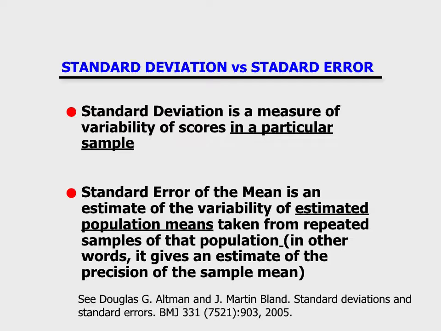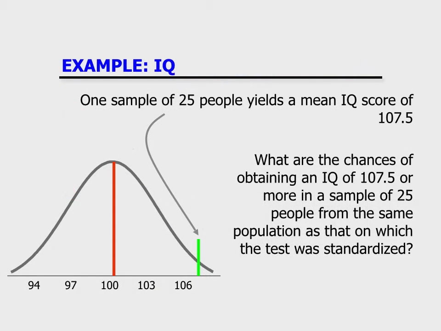Let's take a look at how this plays out. So if we have a sample of 25 people that yields a mean IQ score of 107.5, we know we're within one standard deviation because our standard deviation is 15, and one standard deviation would be a score of 115. So we're within that.